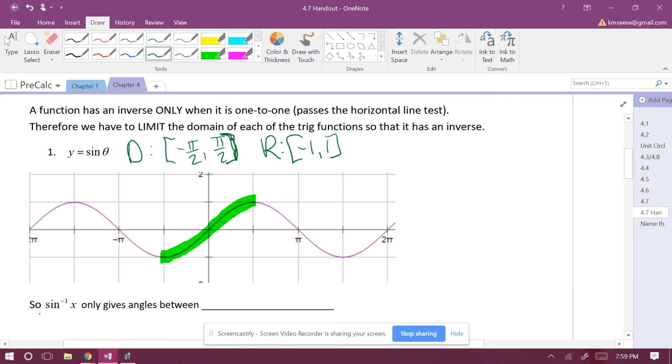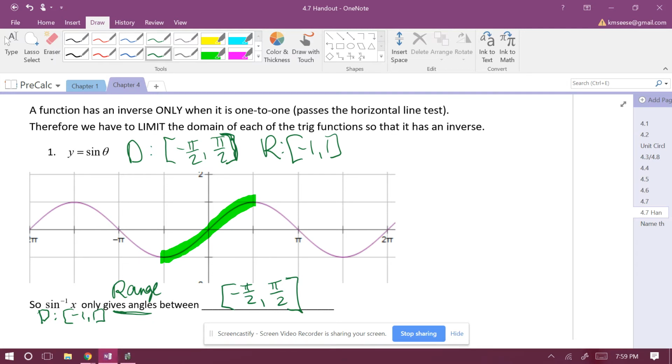So sine inverse's domain is going to be negative 1 to 1, and its range, or the angles it gives, since sine inverse gives angles, is going to be from negative pi halves to pi halves. We're going to do that with all of our trig functions.